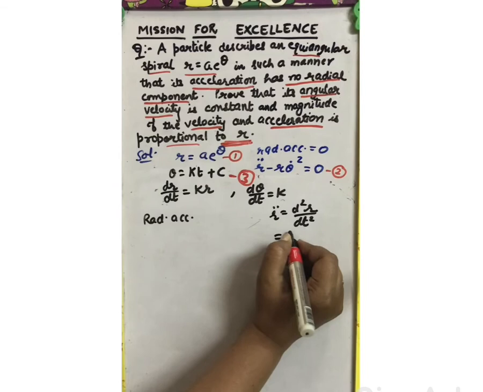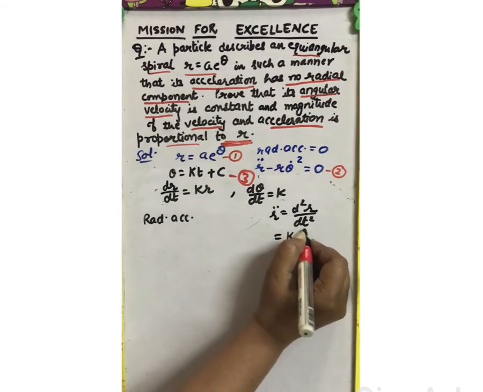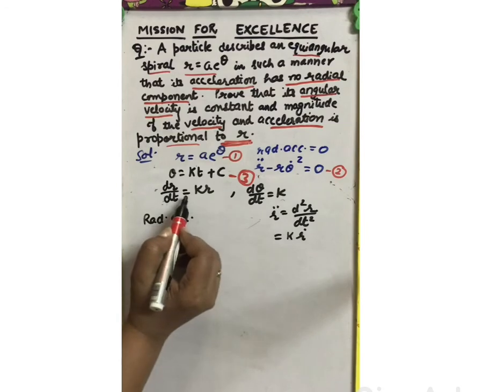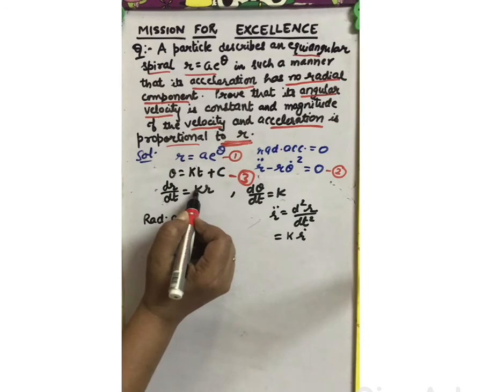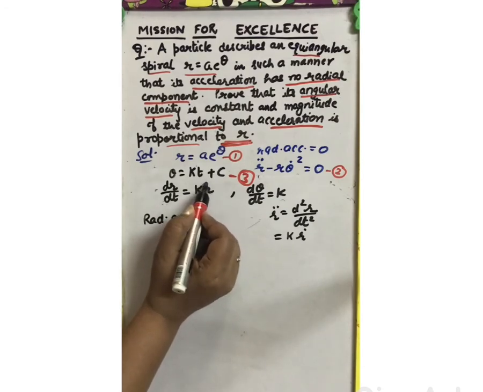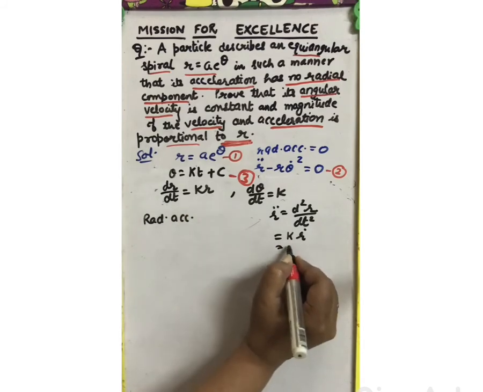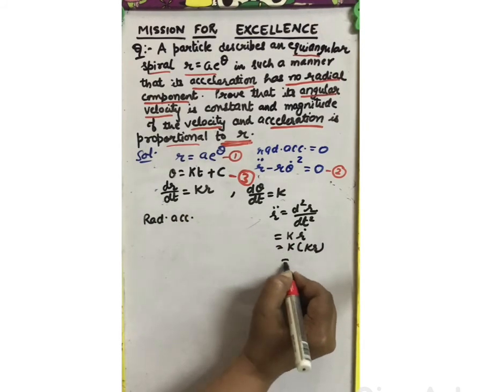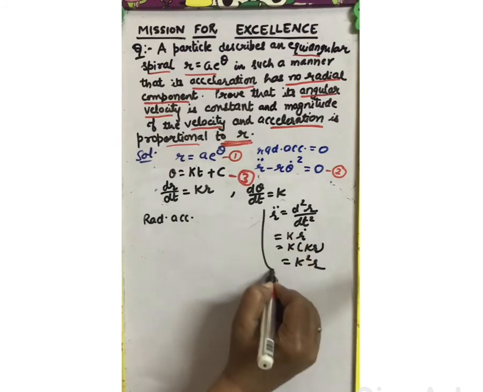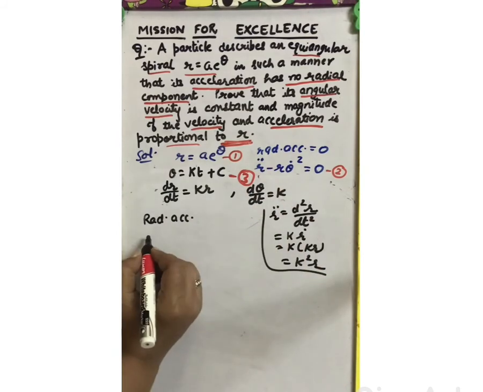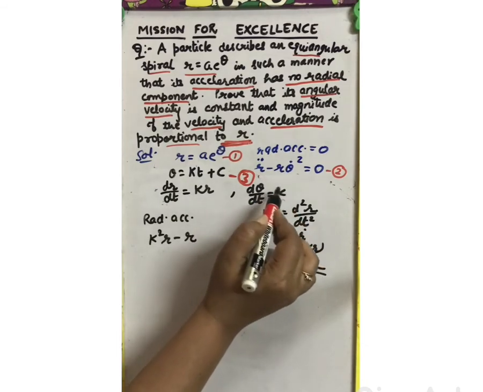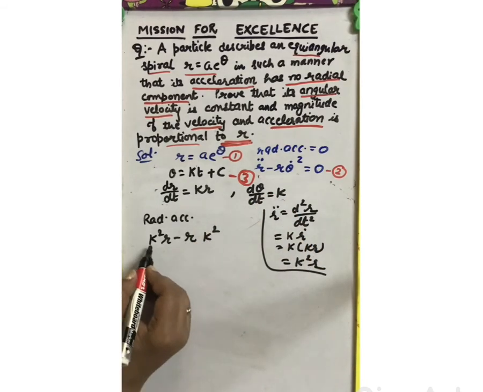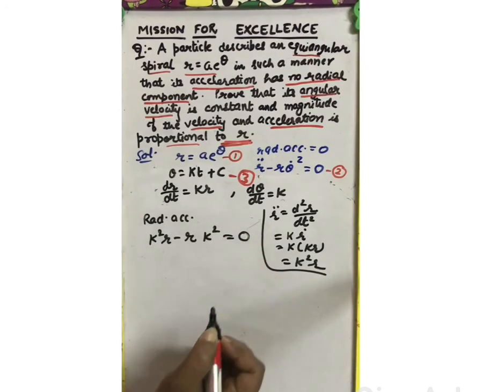Differentiating kr with respect to t, as k is constant, you get k r dot. And we know that r dot is again kr. So k into kr will become k square r. We put this value in the radial acceleration. So radial acceleration will be equal to r double dot, that is k square r, minus r theta dot square, where theta dot is k. So k square r minus k square r is equal to 0.